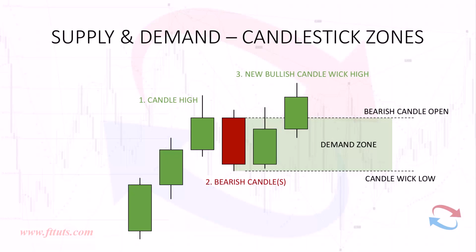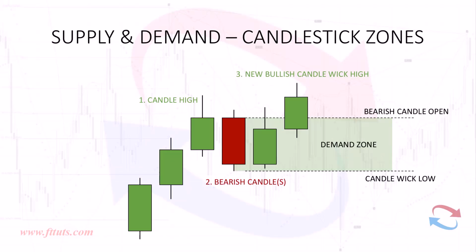And as long as price makes a new close high or a new wick high with a bullish candle, then we draw our demand zone from the bearish candle's open price to the wick low in the sequence.